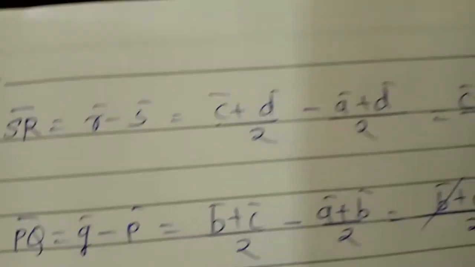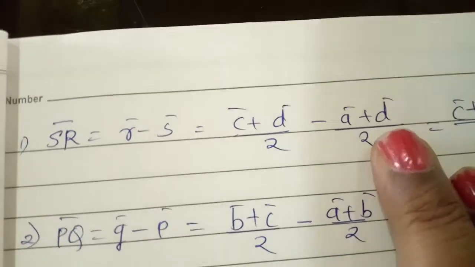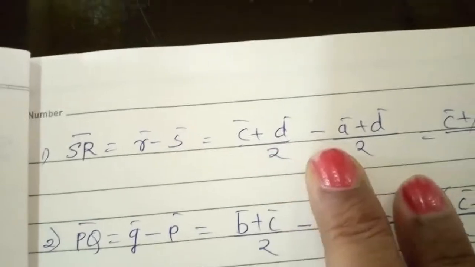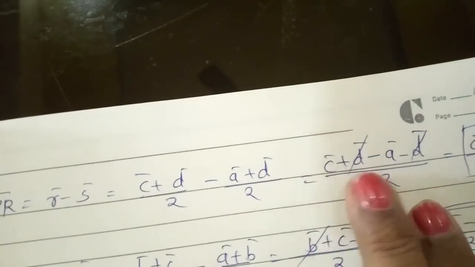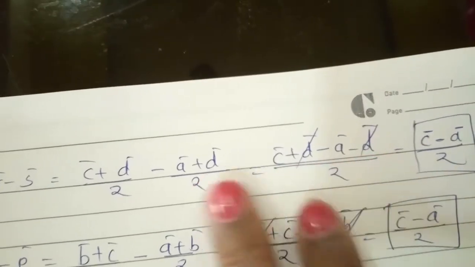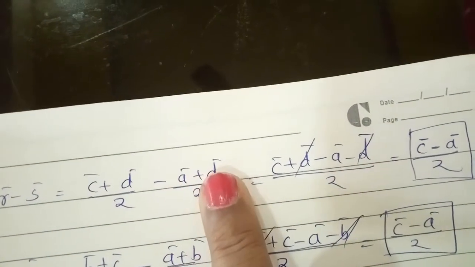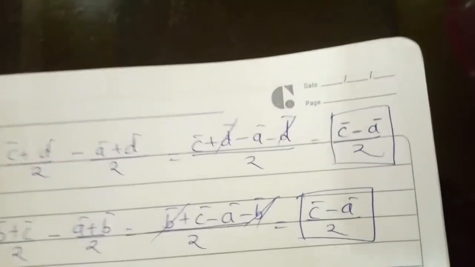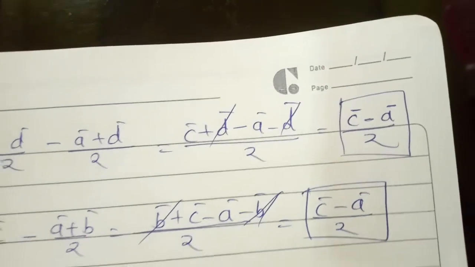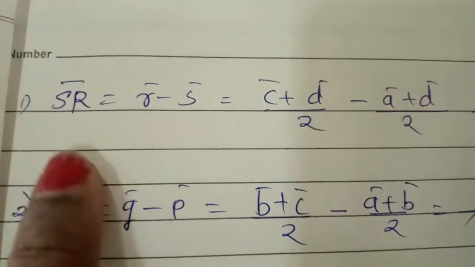Minus the answer for S bar, which is A bar plus D bar upon 2. Here the base is the same, so we take the LCM: C bar plus D bar minus A bar minus D bar. This D bar gets cancelled, and we get C bar minus A bar upon 2. So this is the answer for SR bar.